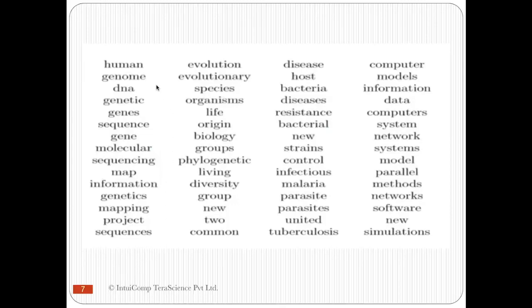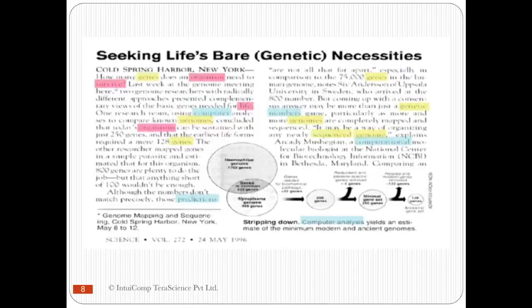and sequences. So essentially, if we have a document such as this, which is a science journal, we can expect a topic modeling algorithm like LDA to generate topics which are sets of words out of this document.